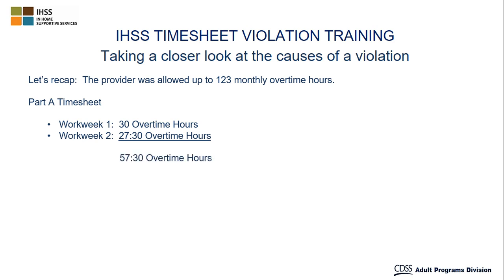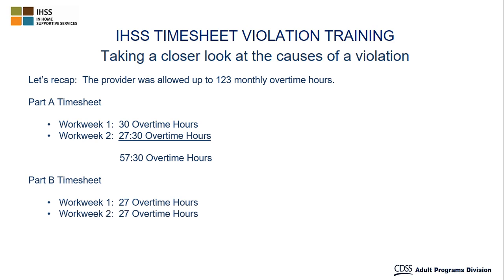This gives the provider a total of 57 hours and 30 minutes of overtime for the month for Part A. For the Part B timesheet, for Work Week 1, the provider claimed 27 hours of overtime. For Work Week 2, the provider claimed 27 hours of overtime, and for Work Week 3, the provider claimed 12 hours and 30 minutes of overtime. This is a total of 66 hours and 30 minutes of overtime for Part B of the month.